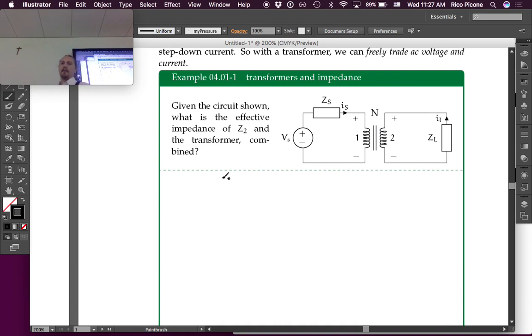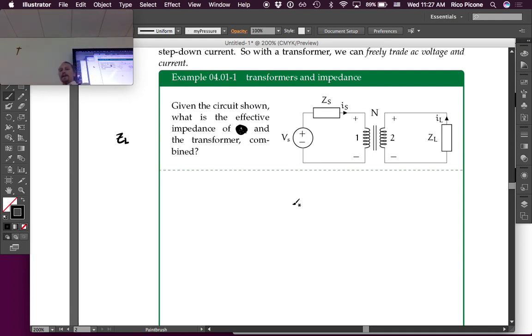So let's do an example with a transformer. Given the circuit shown, what is the effective impedance of ZL and the transformer combined? So we want to know the effect of this load impedance on this side of the transformer where it's connected to this source circuit.